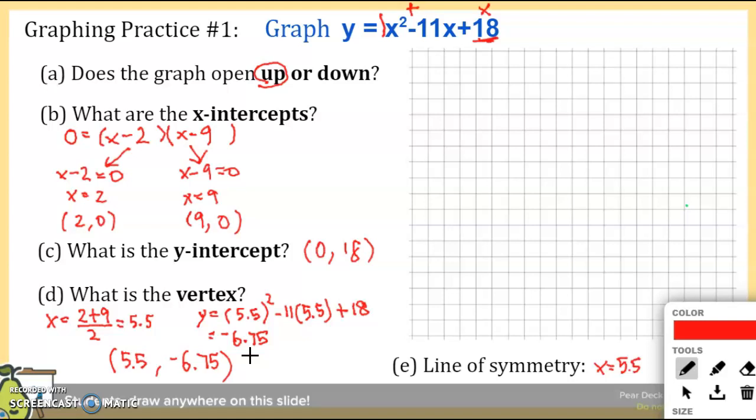Okay, so then we need to have a graph that includes 2 to 9 on the x-axis and goes to at least negative 6.75. Okay, so we can just put it in the middle.